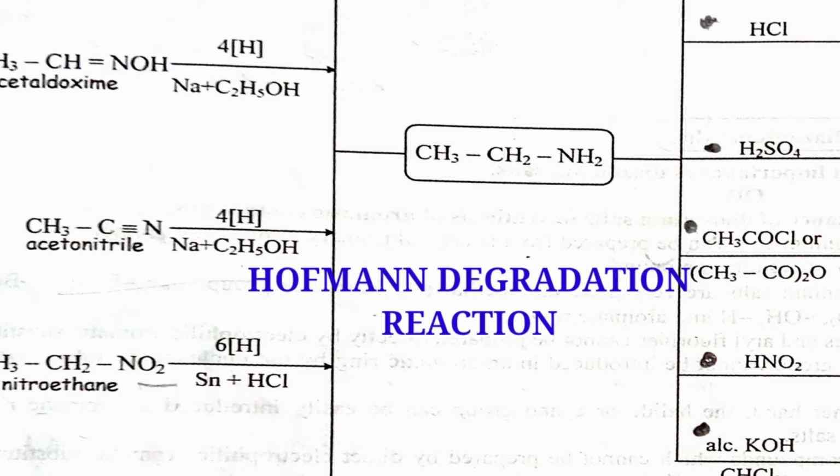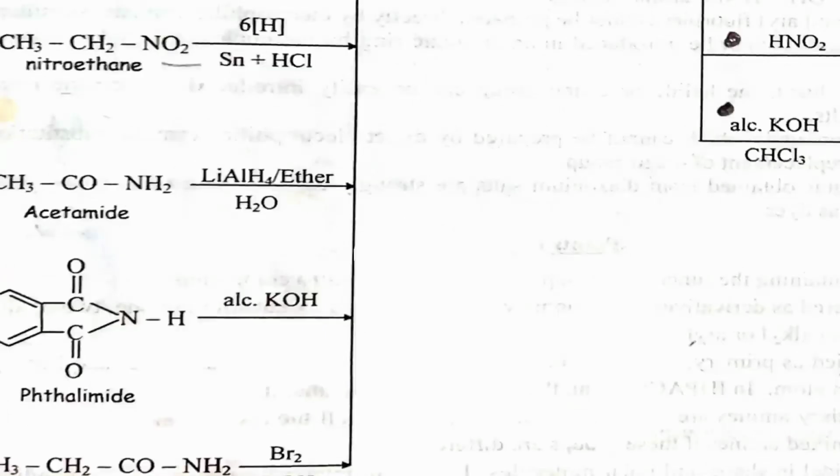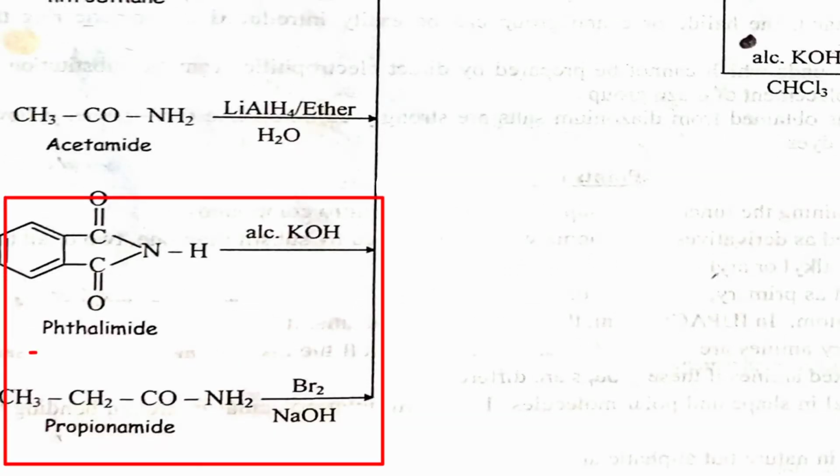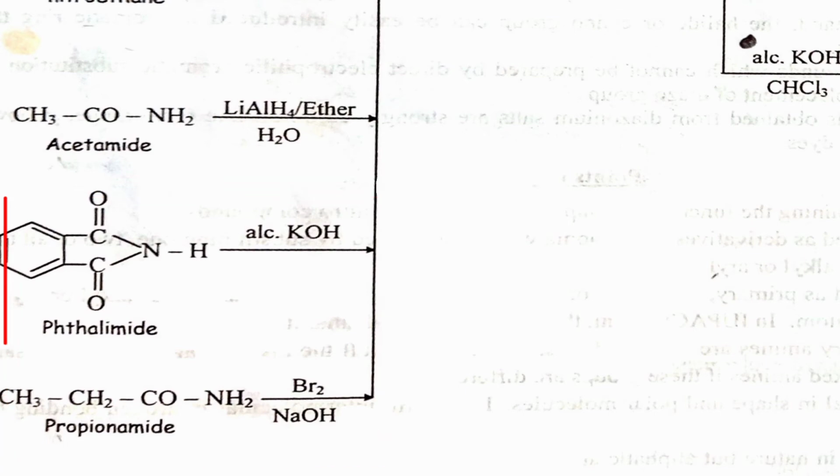So these two important reactions, that is 5, 6 and 7: one is phthalimide, another is propionamide, which is also known as the Hofmann reaction, also known as the step down reaction.